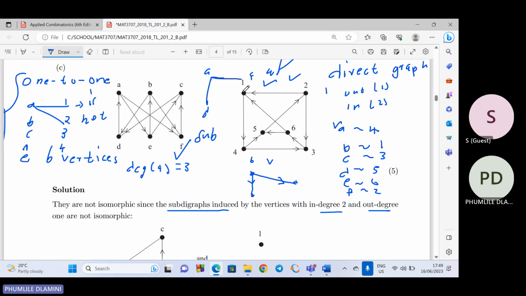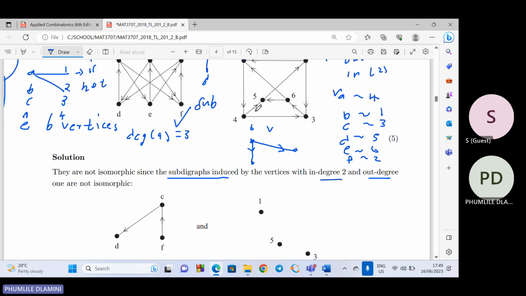If we check number 1 here, you will see that one is going out, one is coming, but the other one is coming in also. Even if we take, let's say, 5, we have 5 also. 5 has 2 incoming and 1 outcoming.